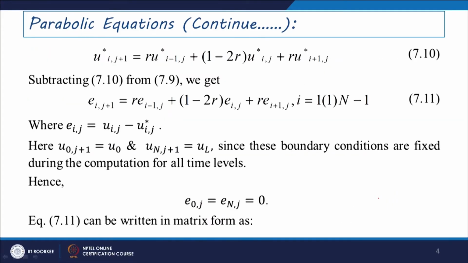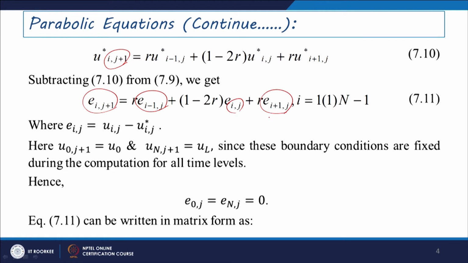If you subtract the approximated solution from the true solution, then at the i, j plus 1th point the error will be e i, j plus 1, and similarly this error propagates for each of the grid points in the form e i minus 1, j, e i j and e i plus 1, j, where i varies from 1 to n minus 1.